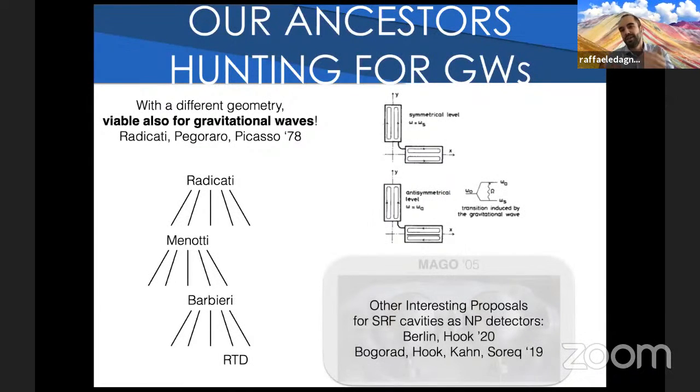Until a few years ago, they were mostly used to accelerate particles, and so all the colliders that you know and love make use of these cavities. However, we recently realized that they can also be used as a precision instrument, mainly because their quality factor is gigantic, order 10 to the 11 or above. So they're very, very close to being an ideal harmonic oscillator.